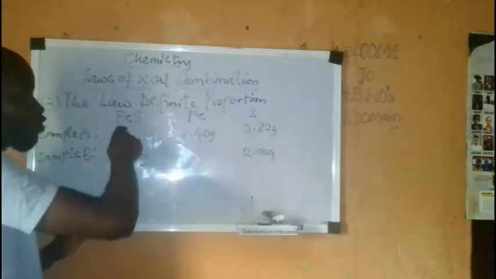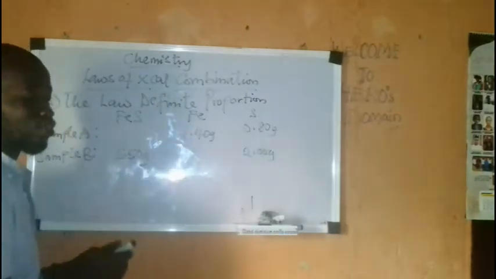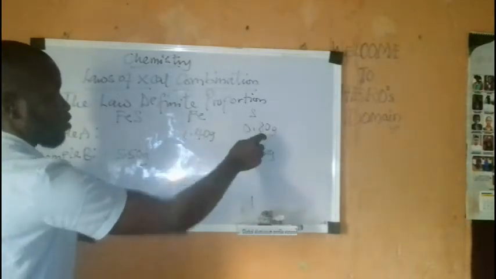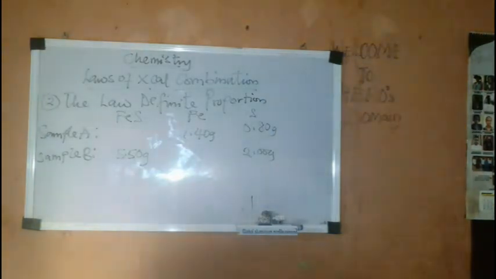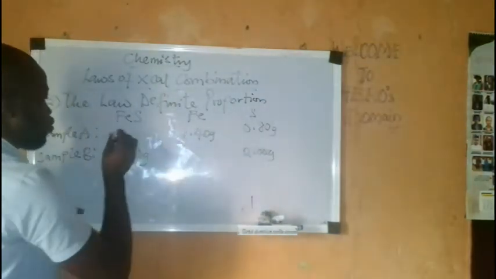But the mass of iron(II) sulfide from the combination of these two is not given to us in the question. All you need to do is to add these together: 1.4 plus 0.8.